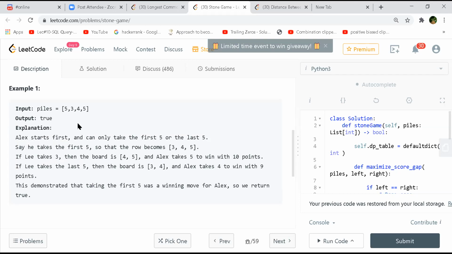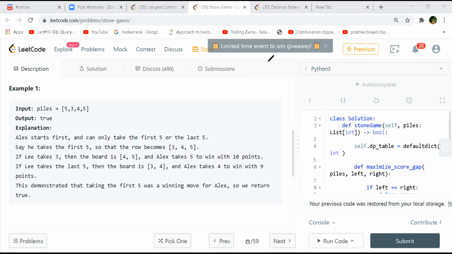If you take the left one first, whatever is remaining will be the turn of the other player, Lee. Lee also plays optimally, so he will also pick the maximum. But what is returned to Alex will be the minimum values, because it's an optimal game. If the opponent takes the bigger one, Alex will be left with the smaller. So Alex will always try to pick the max from his side, because that is only in his hand, right?